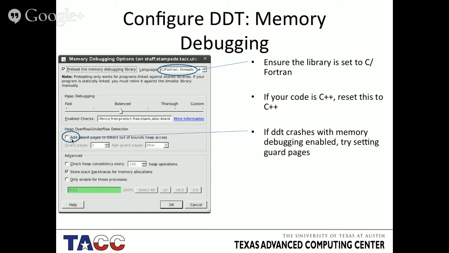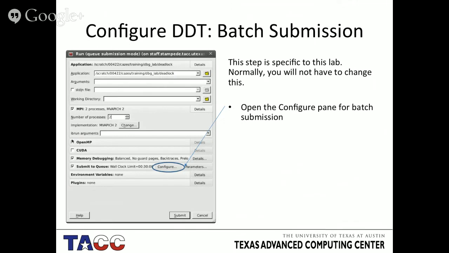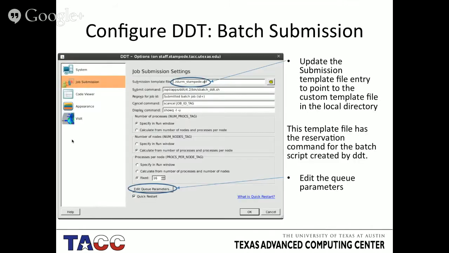Something else I've added just for this lab is this batch submission. Normally, you shouldn't have to touch this in normal use of DDT, but since we have a reservation, I changed the template file that it uses. If you run again on your own, you should change this back or just remove your .allinea directory and it'll reset everything to the defaults.